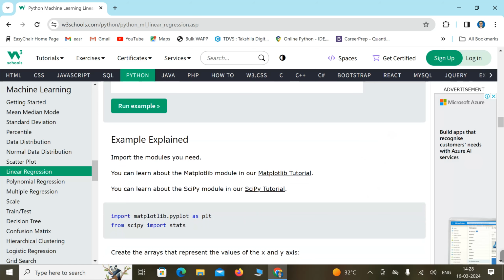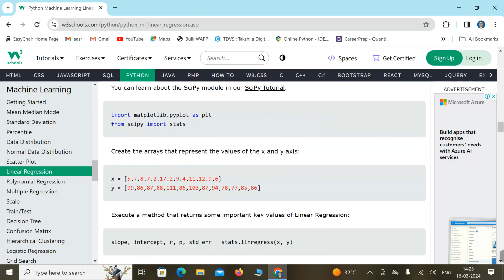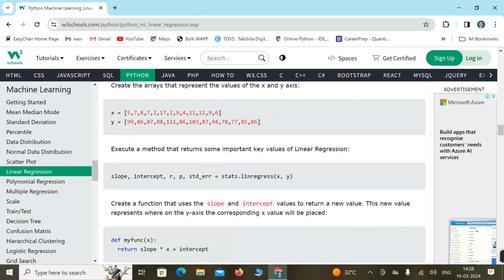So how does it work? It's given over here. Create arrays that represent the values of x and y. Then execute a method that returns some important key values of linear regression. So first, create a list for x and y axis.